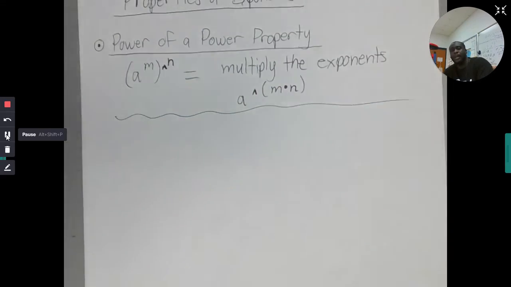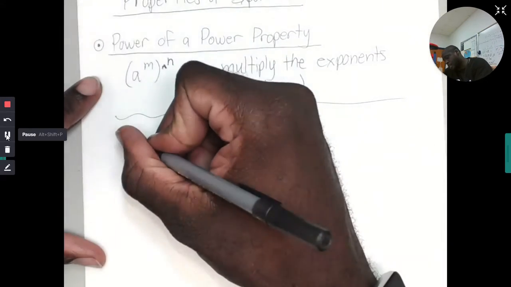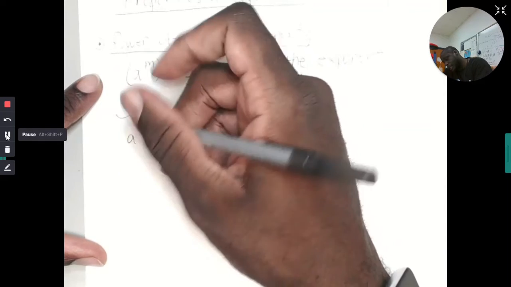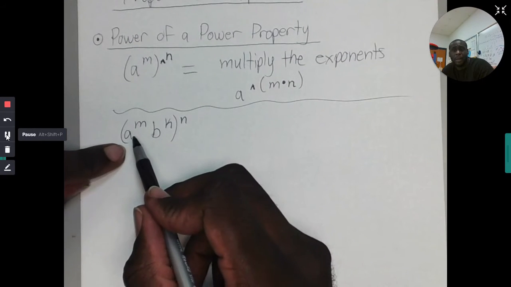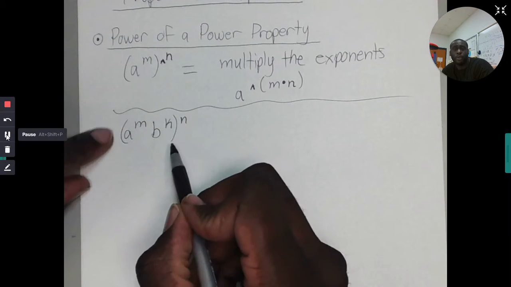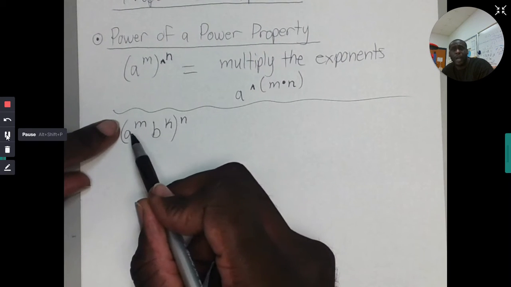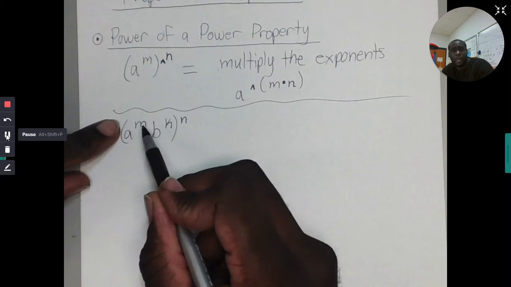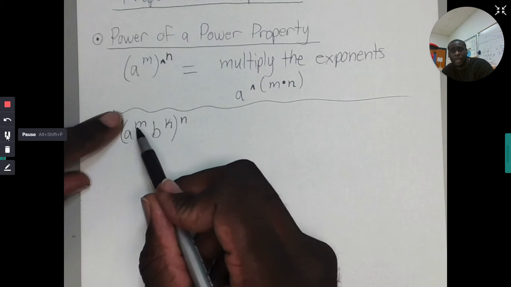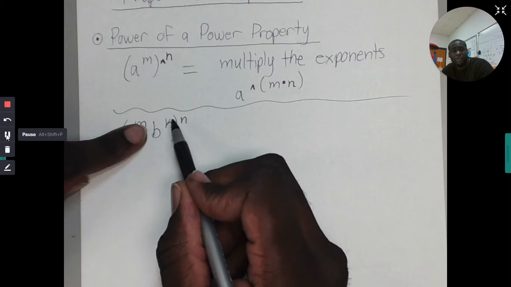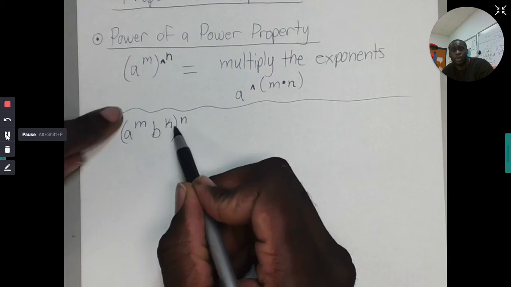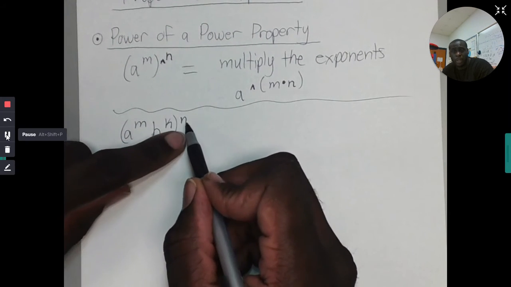Part two of that, if you had something that looked like this. Right here you can see that you have this whole expression, and again you've got an exponent here that goes with the a raised to the power of m. You have another exponent here, b raised to the power of k, and then you have this whole expression raised to this power.